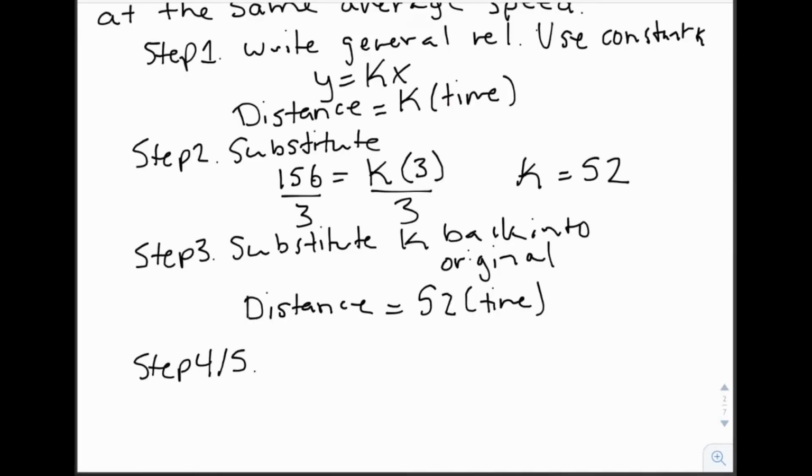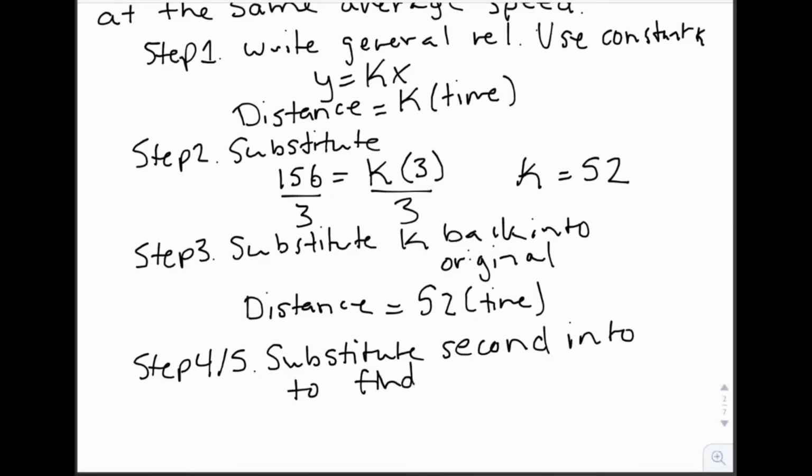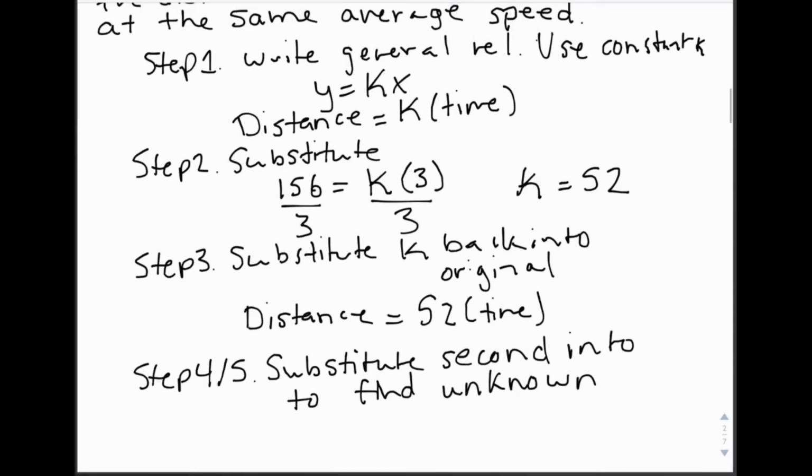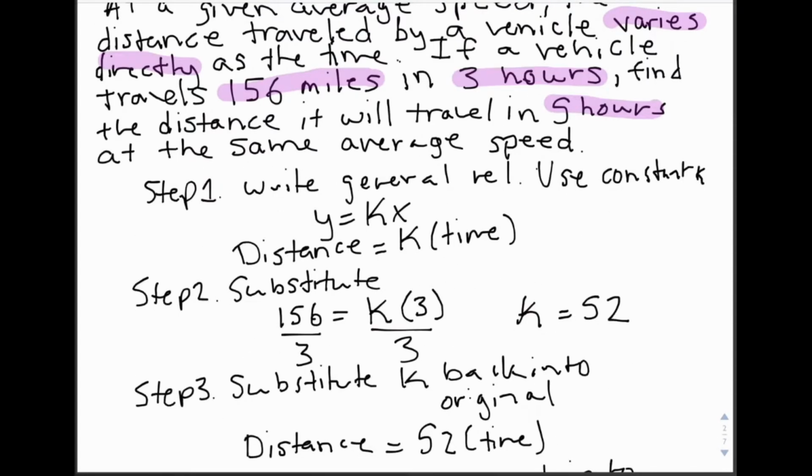We want to use our second piece of information. So substitute second piece of information to find our unknown. So our unknown here, if we scroll back up, we want to find the distance. So we're looking for the distance it will travel in 5 hours.